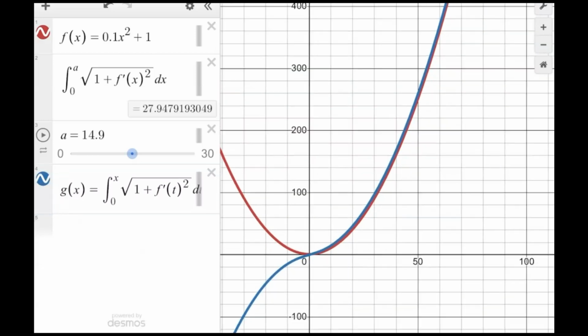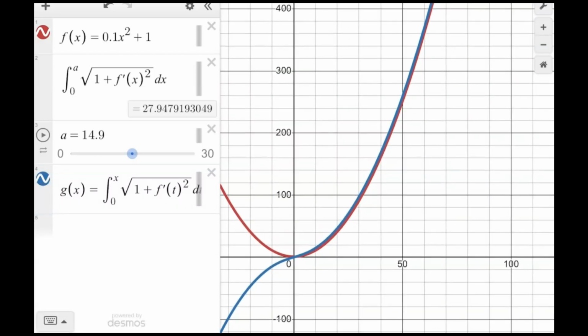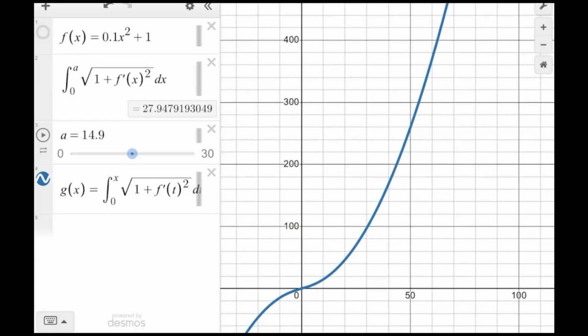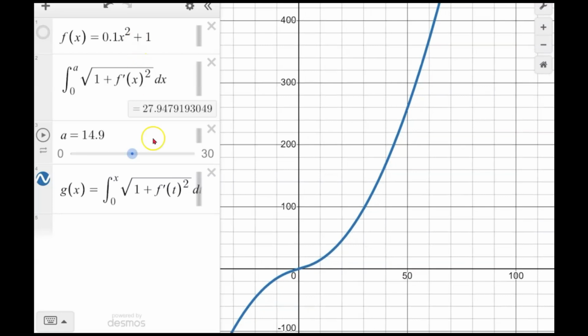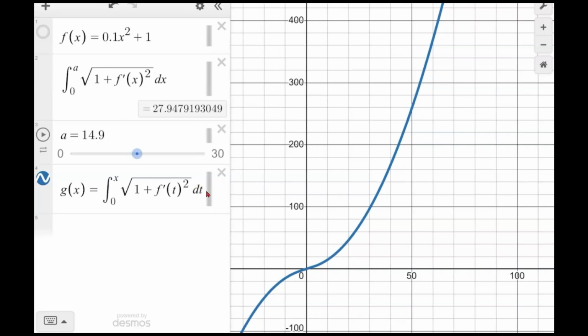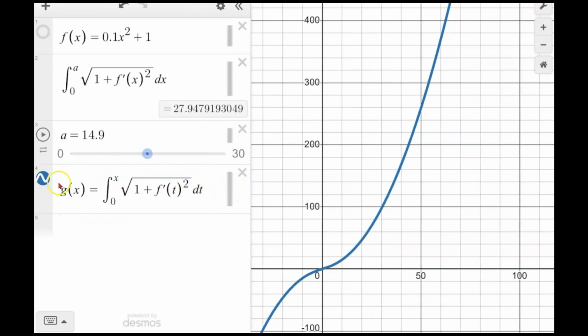So this is a function that is counting, unlike our original function that the path is traveling. This function here is counting arc length. For any x value, this function will count the arc length. What we're interested in now is when is this function equal to 28?